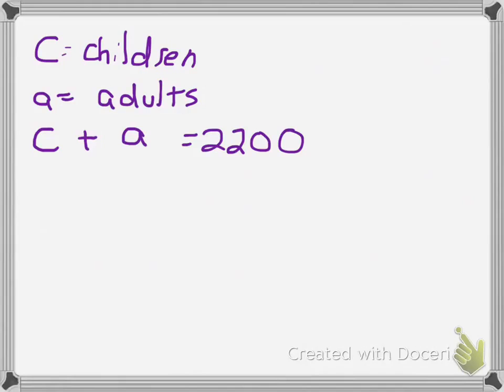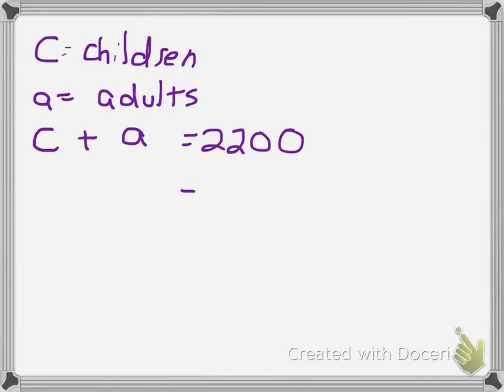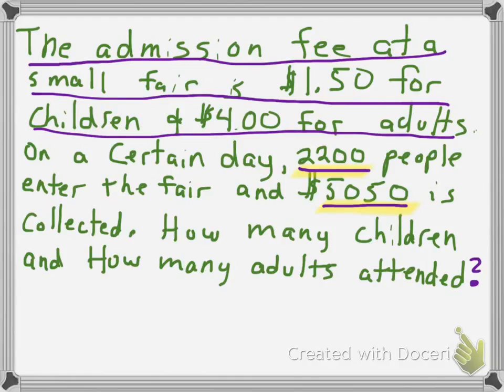Now we need to look at the price point. How much money was made on that certain day? $5,050. So I'm going to set up a second equation and write down the price. This equation is going to be set up a little bit differently.